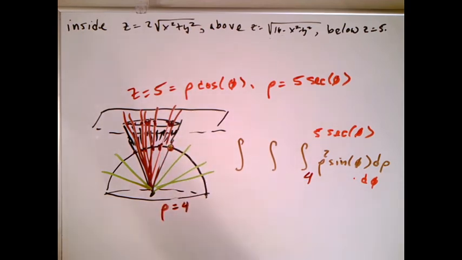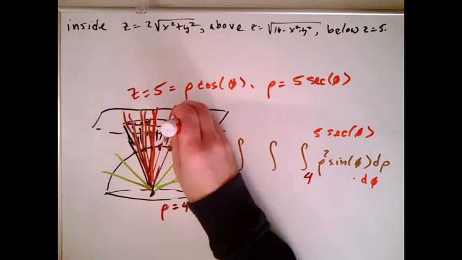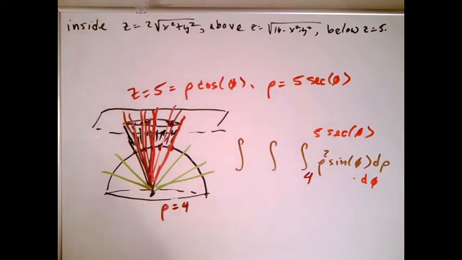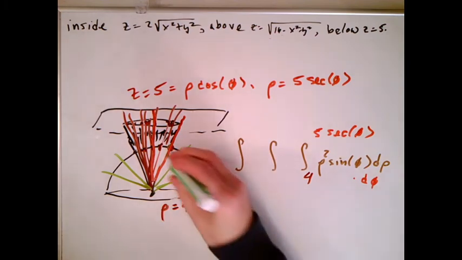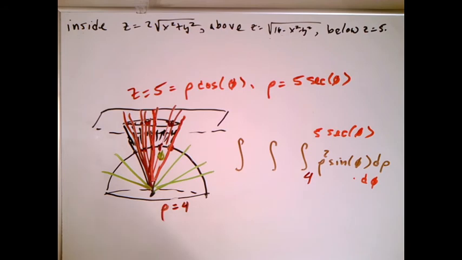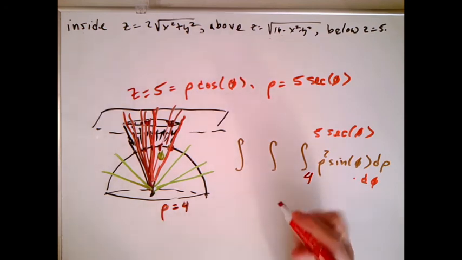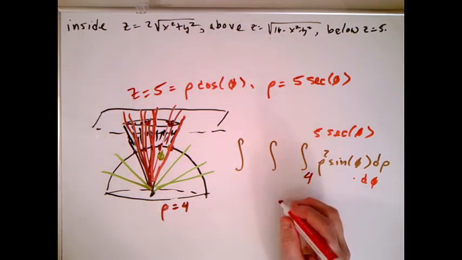And so what we need to know is what phi is, which is this angle right in here at that point. Now, you can see that we had to include the ray that shot straight up, so we had to include the angle phi equals 0.